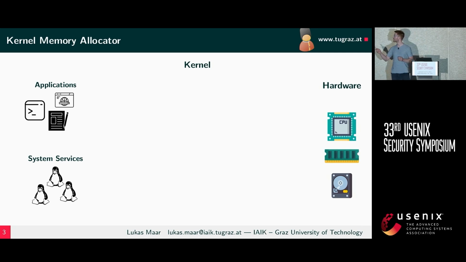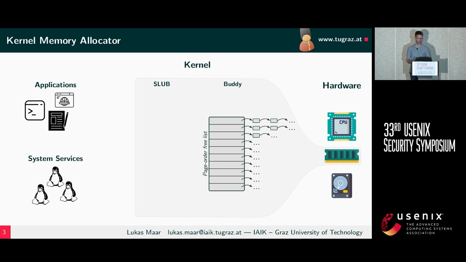Here, we see a typical system with, on the left, applications and system services, and on the right, the hardware. In between is the software level, the kernel. When considering the kernel memory allocator, the kernel has, simplified, 2 kinds of allocators, the buddy allocator and the slub allocator.